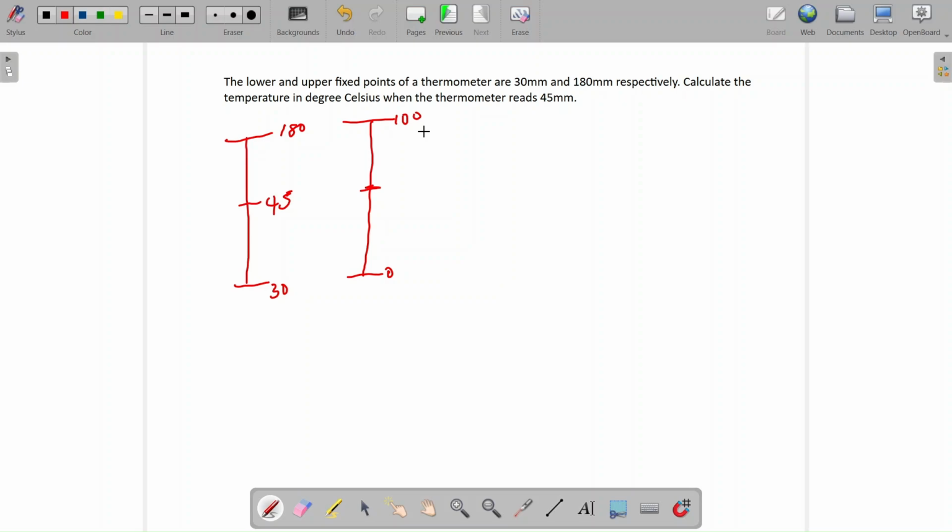All right, so in this case, you use what we call interpolation.